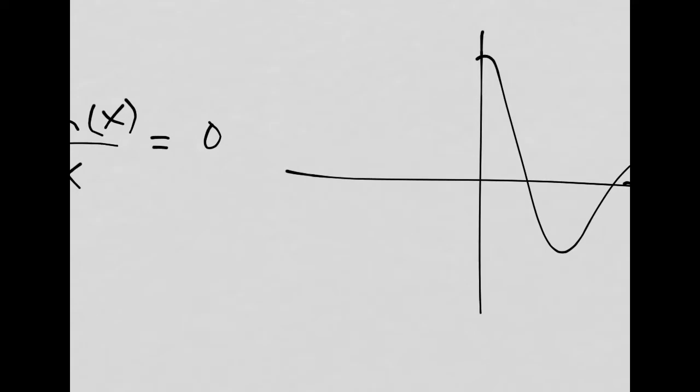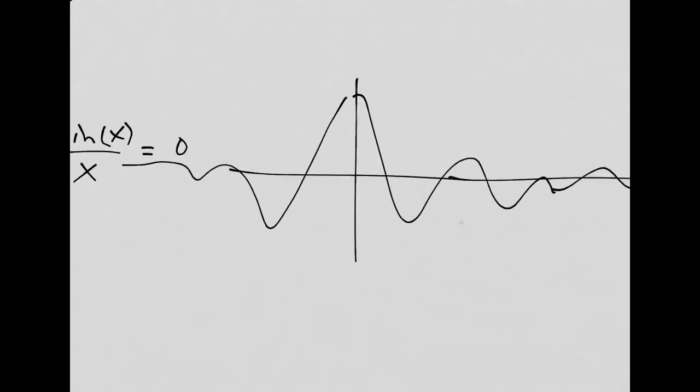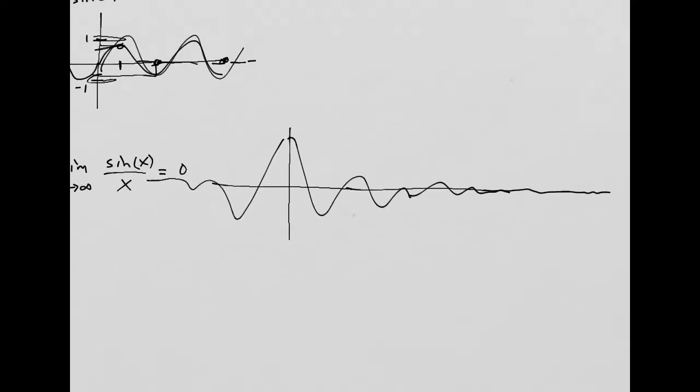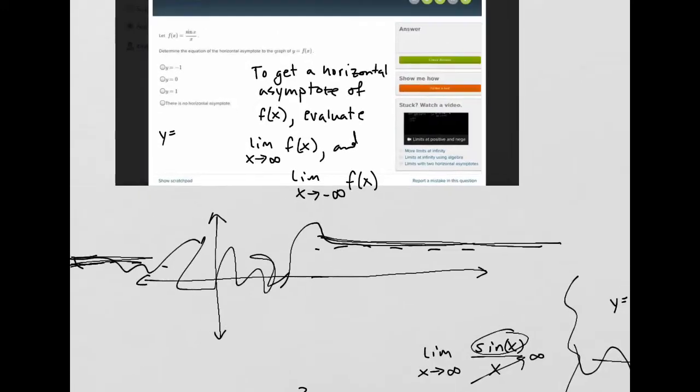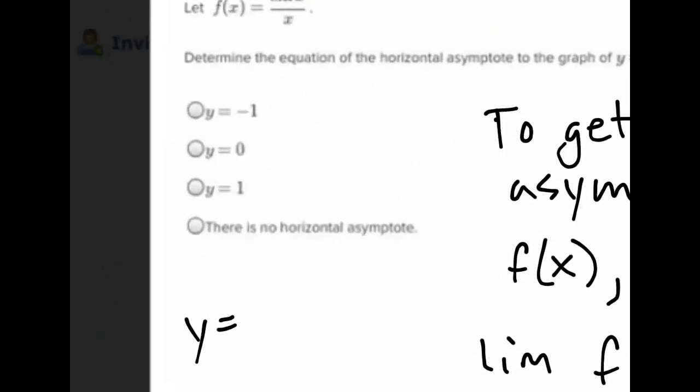On the other side, it does the same thing. So the end behavior is tending towards 0, and the horizontal asymptote is y equals 0 because the limit at infinity is 0.